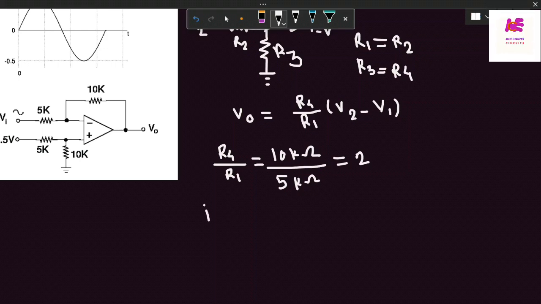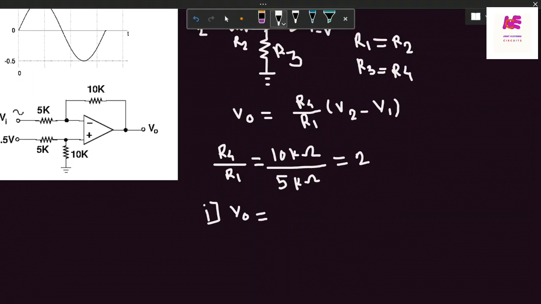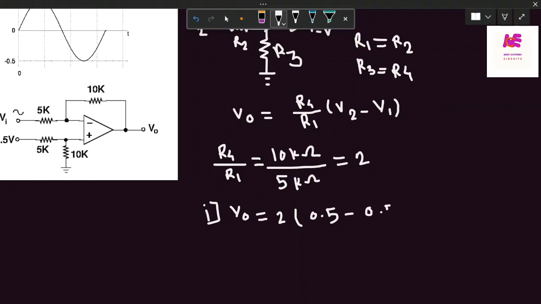To calculate the output voltage for the positive half of the sinusoidal signal, V0 is equal to R4 by R1, which is 2, into V2, which is given as 0.5 DC voltage, minus the positive half cycle value, again 0.5. So 0.5 minus 0.5, we get 0 volt.